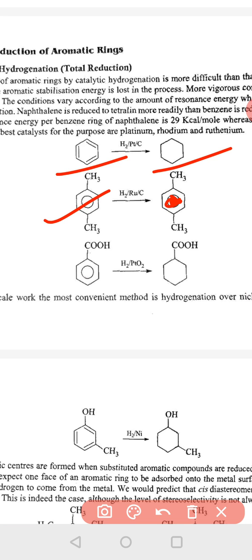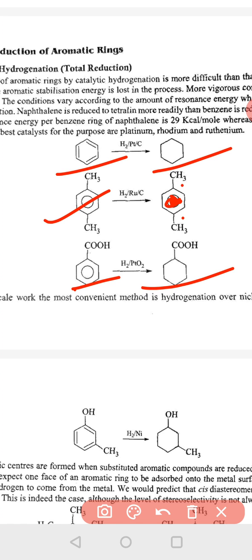Total reduction takes place here also, and we get 1,4-dimethyl cyclohexane as the product. This is benzoic acid, and it is totally reduced to give cyclohexane carboxylic acid. For large scale work, the most convenient method is hydrogenation over nickel.